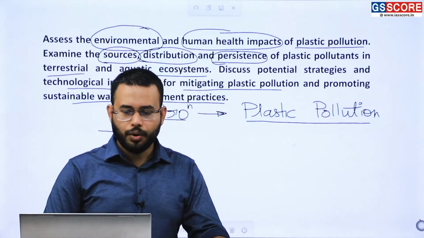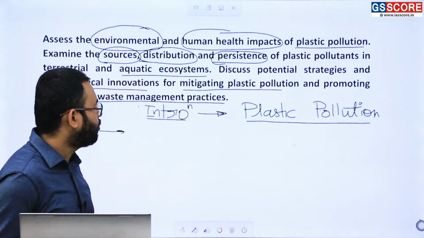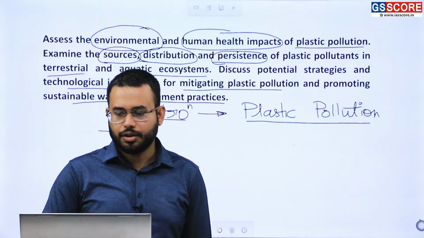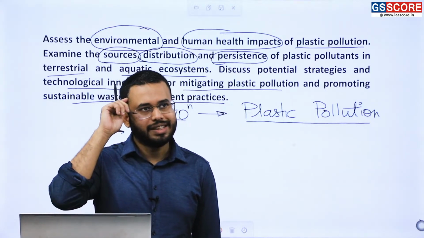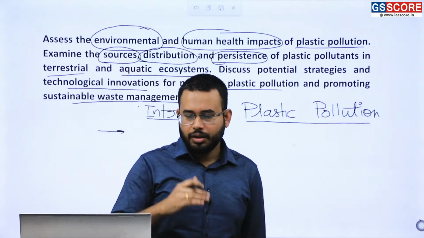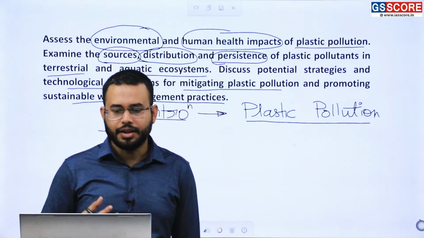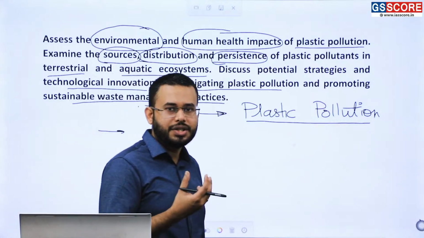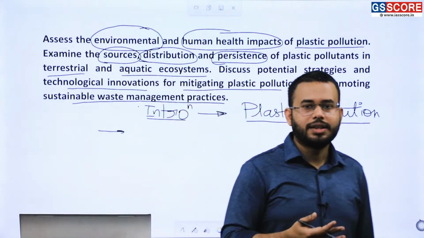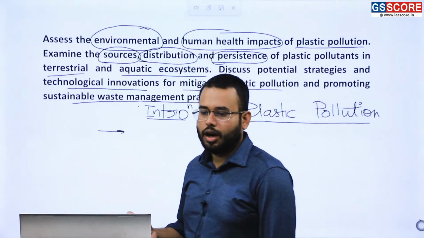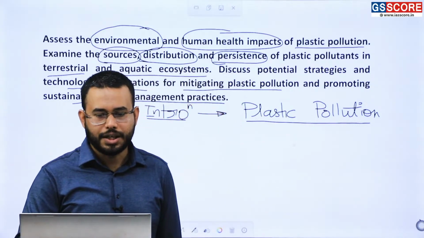Then talk about the sources of plastic pollution. Now see, sources we can segregate as single-use plastic, microplastic, industrial processes, land-based activities, and how these are leading to the basic sources of plastic pollution.